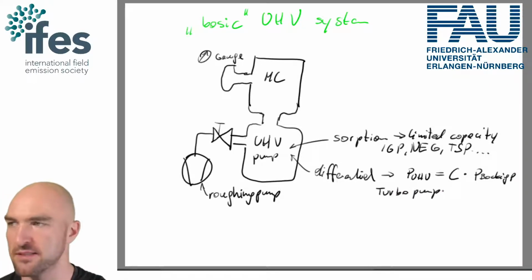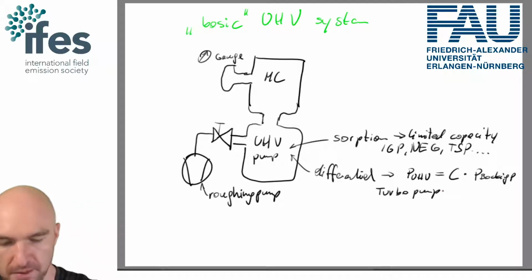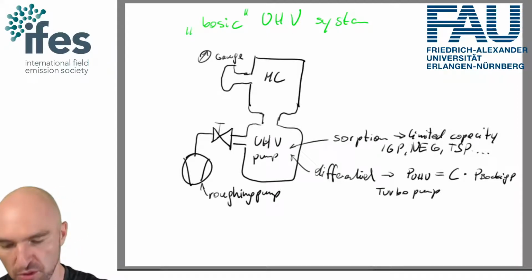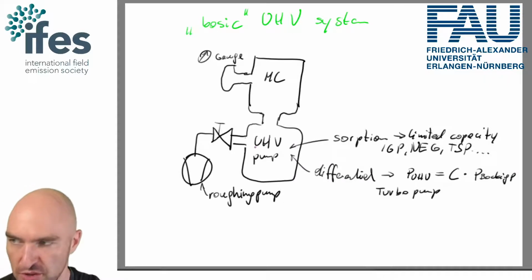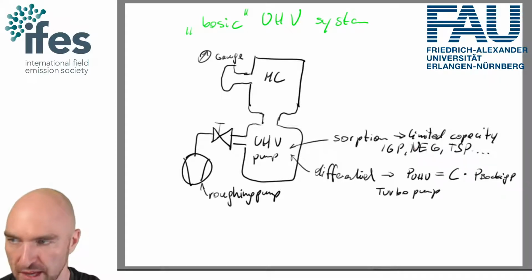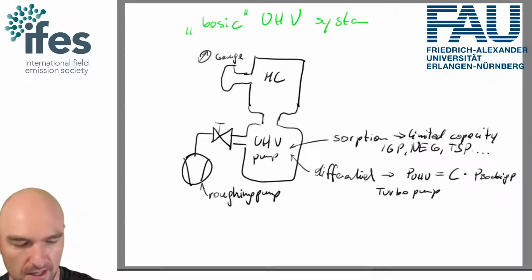So in both cases, we need some kind of roughing pump for the UHV pump. In the case of the sorption pump, they have a limited sorption capacity. So we need to get rid of most of the molecules beforehand. Otherwise, we'll just saturate the pump before we get to anything. Or the reaction can be much too strong, like an NEG pump, for example, can just start burning.